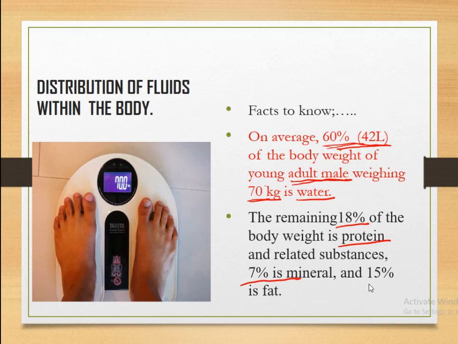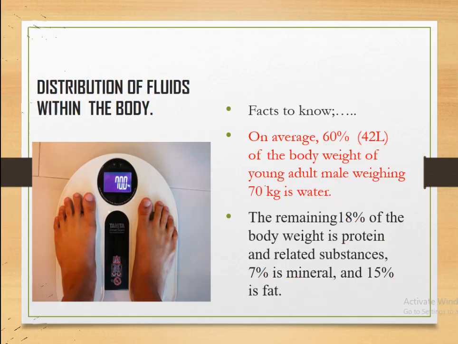Then 15% is just simply fat. When you add these values, they give you 40% of the body constituents of the human body.